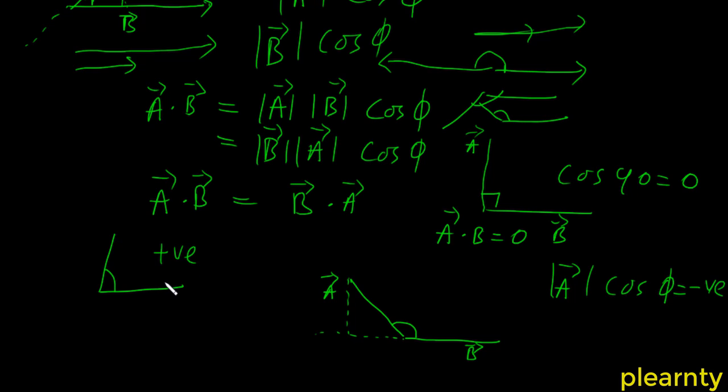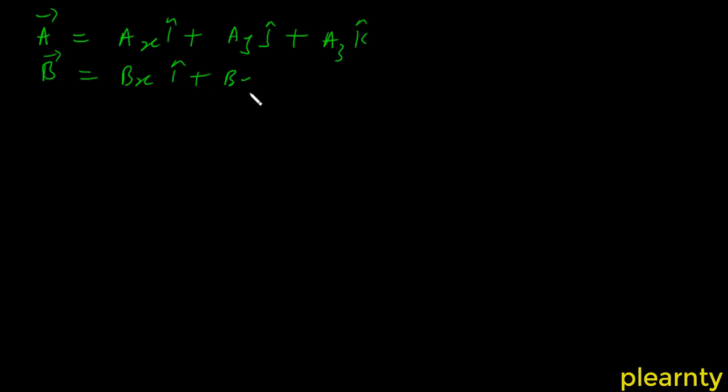So what if you are not given the angle and you have the components? How do you find the dot product with the components? You know that A is equal to AX i plus AY j plus AZ k, and B is equal to BX i plus BY j plus BZ k.